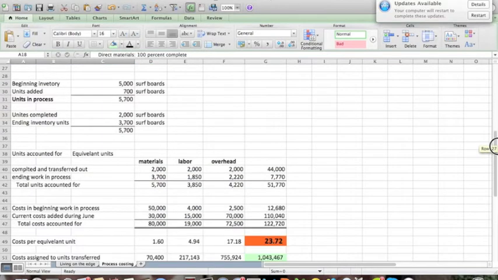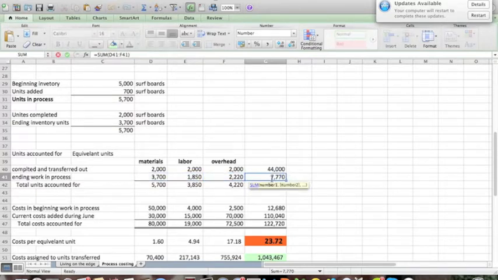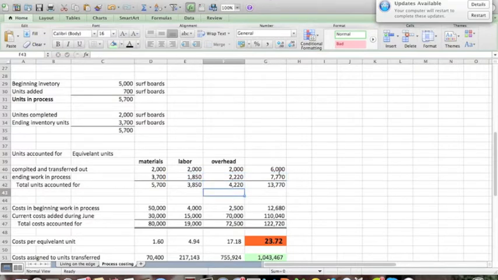So I just take the total units that we have left, and I multiply it by the completion rate in these cells here. And then I arrive at the total equivalent units. For what was completed, which is just whatever we said was completed, and what's work in process is work in process.